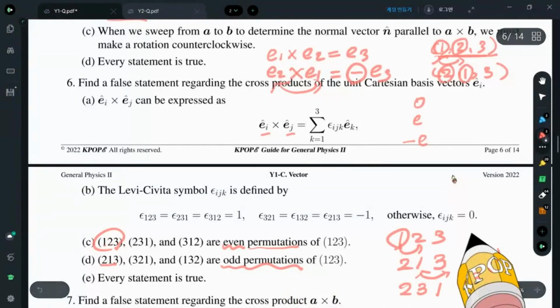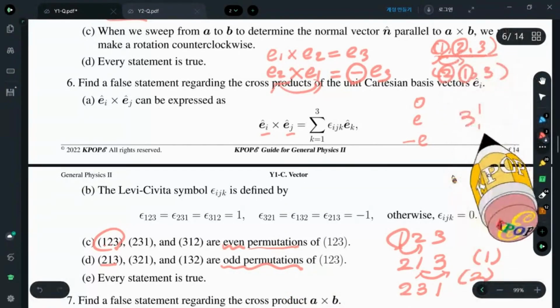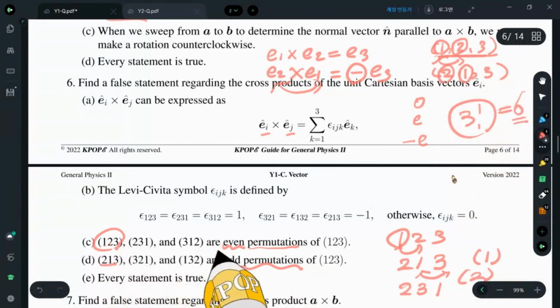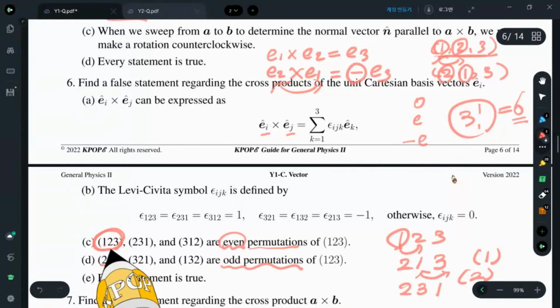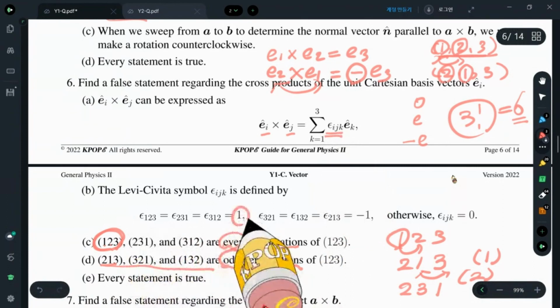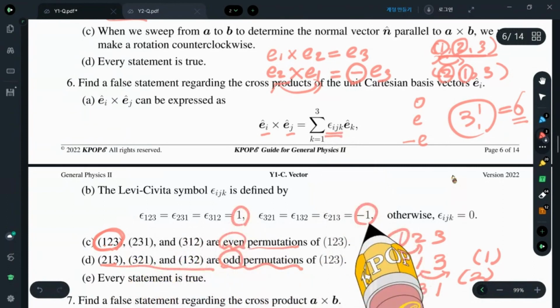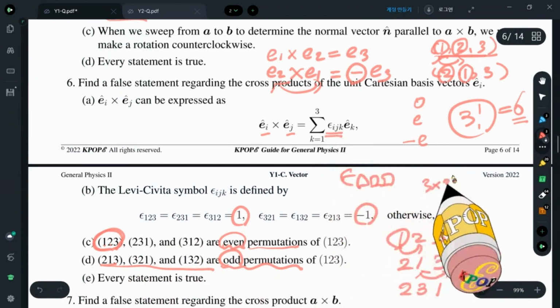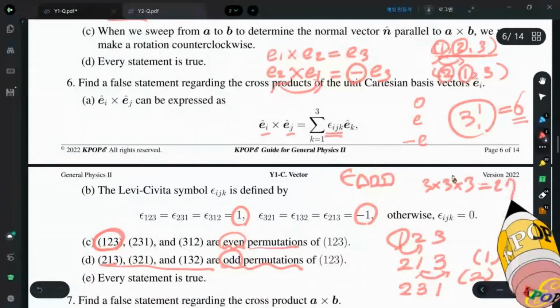In such a manner, there are 3 factorial permutations. Among the 3 factorial permutations, that is 6, 3 permutations are even. That comes from 1, 2, 3. That is by definition even. And the other 3 permutations are odd, and this gives the Levi-Civita tensor, that is a positive 1 and negative 1. If you attach 3 numbers in here, there are 3 times 3 times 3, 27 cases.